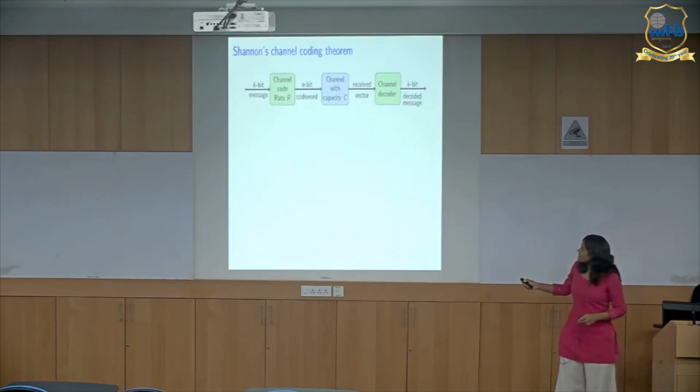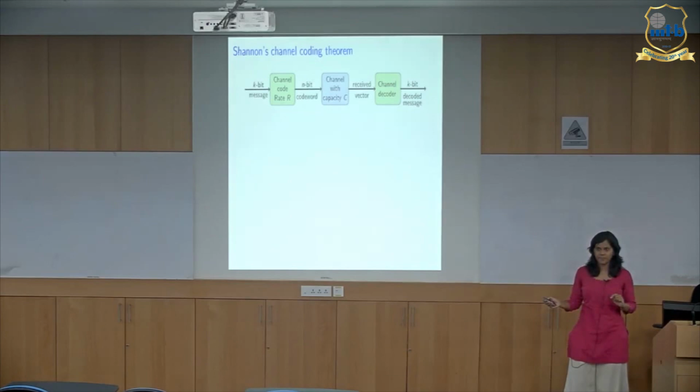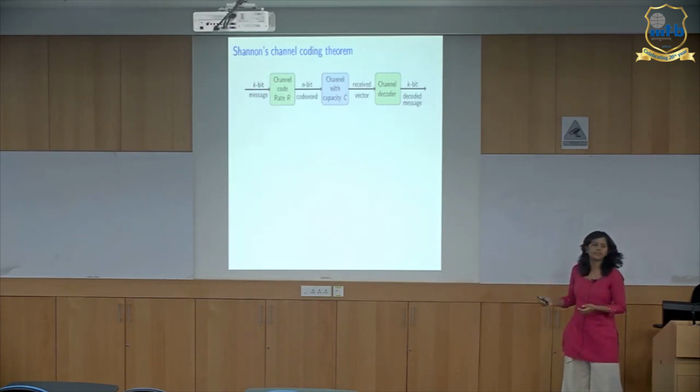Now here R is the rate of the channel code, and the code words are transmitted through a channel whose capacity is C. Now for many popular channels such as binary symmetric channel or binary erasure channel, we can compute the exact value of this C, not always.